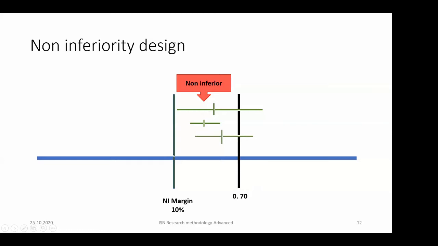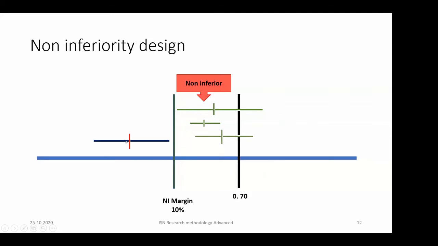So the efficacy of the new drug can lie anywhere above 60%, that is 10% lesser than the 70%. And what we are concerned with here is the lower limit of the confidence interval. The lower confidence limit should be above the non-inferiority margin. So if we are getting the effect size and the confidence interval entirely above this side, then this drug is going to be superior.